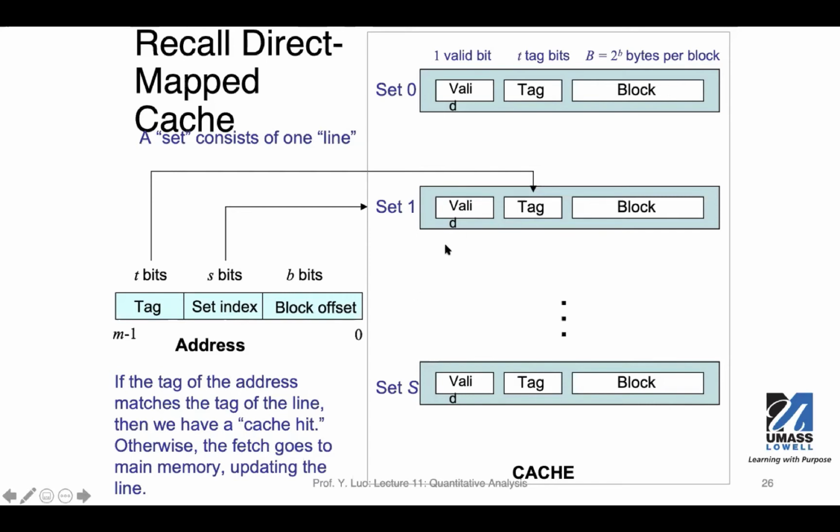And that's good news because the data you're trying to find is already here. If the tag does not match, or the valid bit indicates there's nothing here yet, you need to go fetch the actual data from the memory and put it into the block.